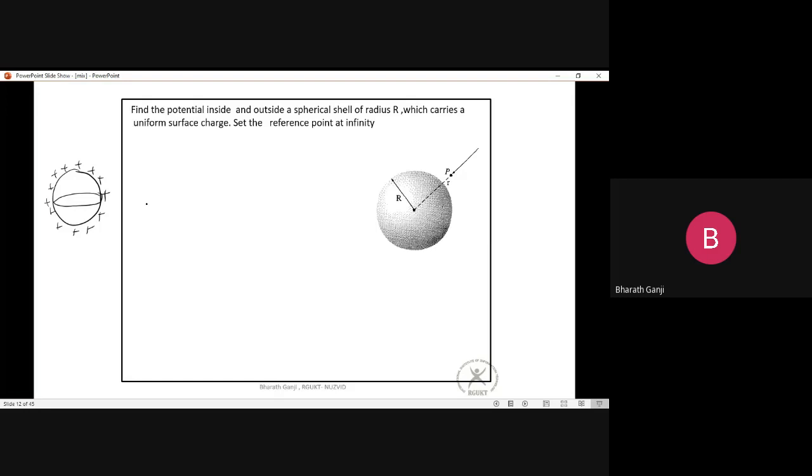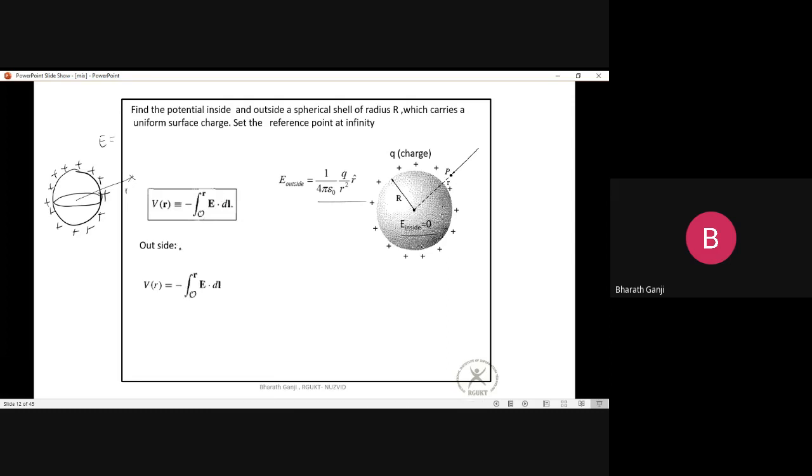For such a charge distribution, at a point r from the center, what kind of potential will it create? It is a simple one, because I already told you, because of the spherical symmetry, it exhibits the same case as a point charge. So if you know the electric field everywhere outside, because for this spherical shell the electric field outside is just like a point charge, and inside the electric field is equal to 0, and we have the expression that potential is nothing but the integral from some reference point to r of E dot dr. Let us assume the reference point is taken as infinity again.